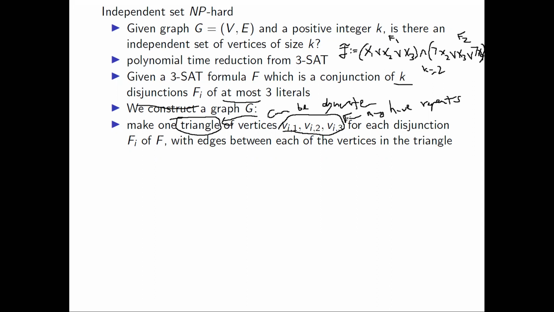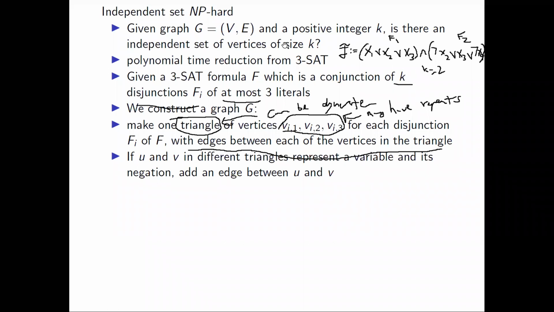Instead of having 3 distinct vertices here, we could have 2 or 1 vertices there. And between all the vertices, we will put edges. So each of the pairs of vertices in this triangle, whether or not it's degenerate, will have edges between them. And we're going to also add some extra edges.